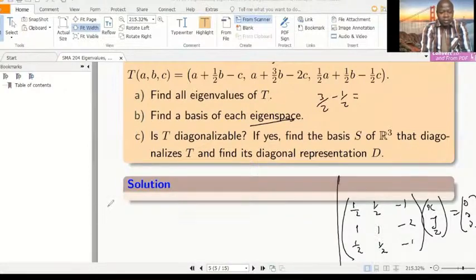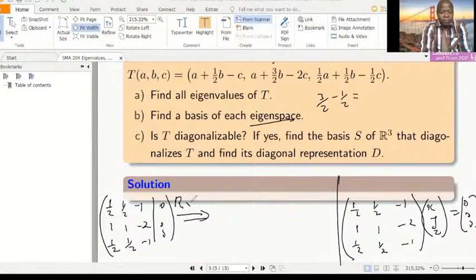Now for Gaussian elimination, we have a half, negative 1, 1, 1, negative 2, a half, negative 1, 0, 0, 0. I want to multiply the first row by 2 to get the new first row, and that will give me 1, 1, negative 2, 0. And I want the other rows to remain the way they are.